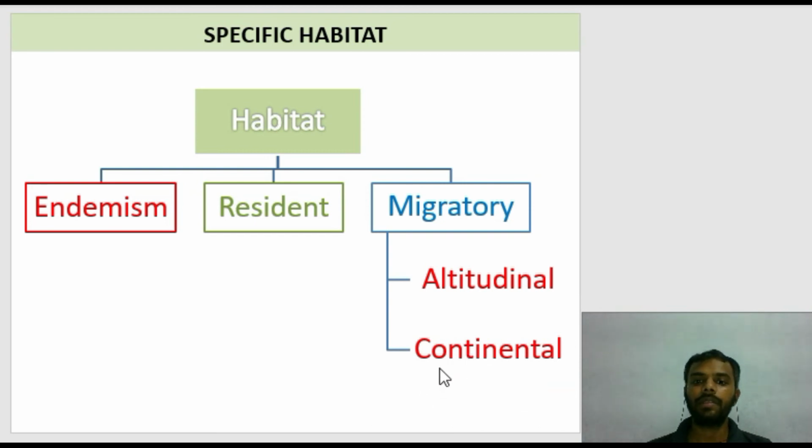Continental migratory means the birds who are migrating from one continent to another continent. Like most of the birds are coming to our country from different continents, like Amur falcon, Siberian crane, Siberian ruby throat, rosy starling. They all are continental migratory birds who are coming from different continents, like Africa, Europe, Siberia, Russia, etc.